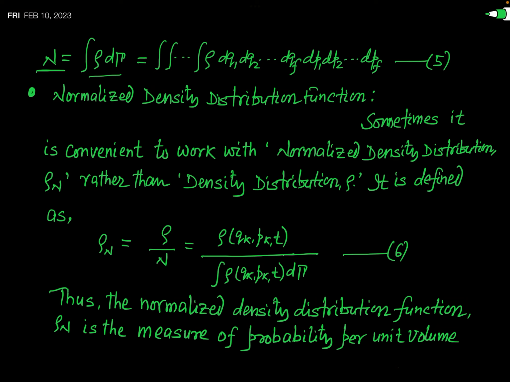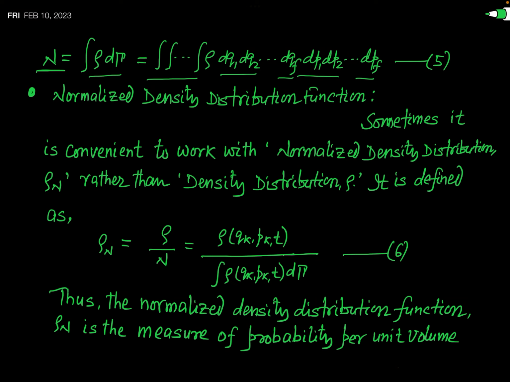Now instead of d gamma, we write dq1 dq2 and so on up to dqf, dp1, dp2, up to dpf. So this expression may be written like this, and here the number of integration signs will be equal to 2f, because for each variable dq1, dq2, dqf there will be an integral.